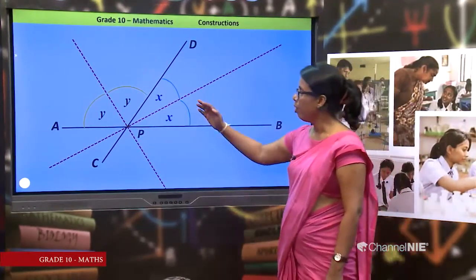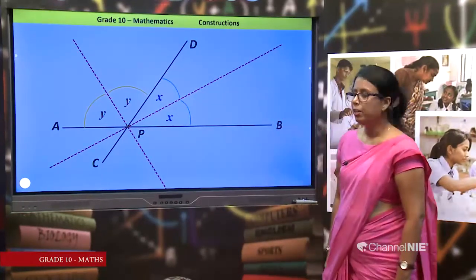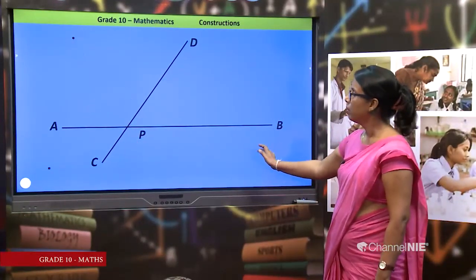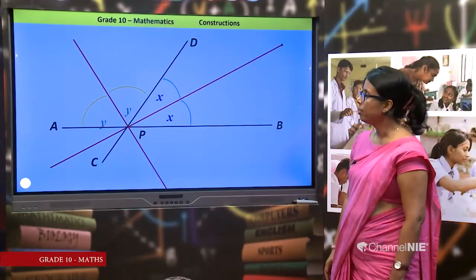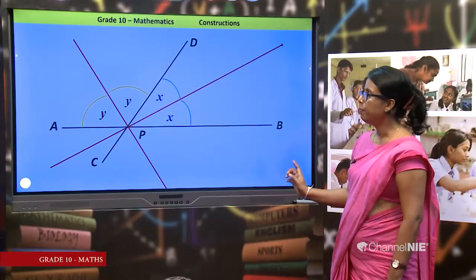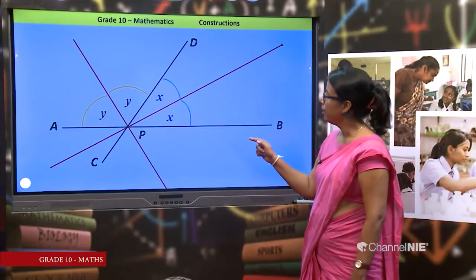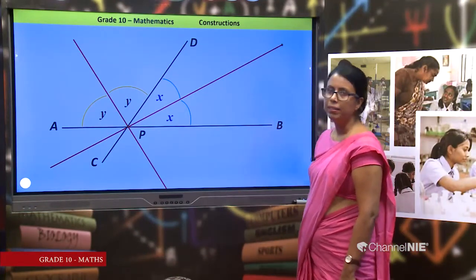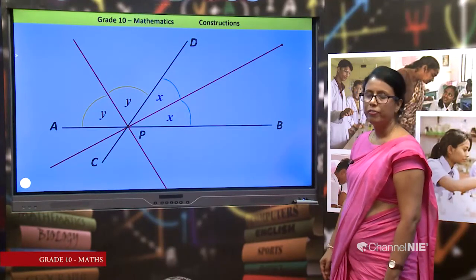When we got this obtuse angle, another angle bisector. So, locus of a point moving at a constant distance from 2 lines, that will be the bisector of the angle at P. We got 2 angle bisectors. Let's construct bisector of the angles.